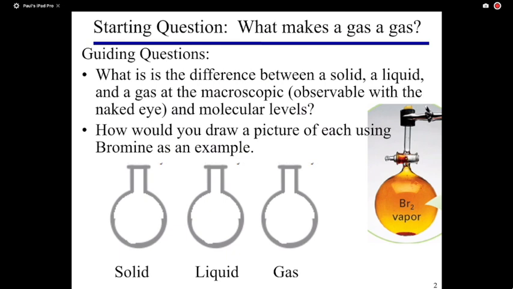Now, really, what is the difference between a solid, liquid, and gas? Okay. All right, here is what a solid looks like. If I look at it, molecule, next to a molecule, next to a molecule, next to a molecule, and they're next to each other, okay?